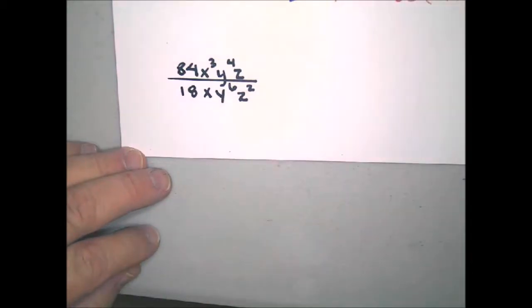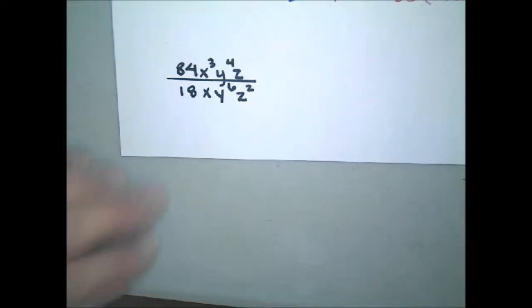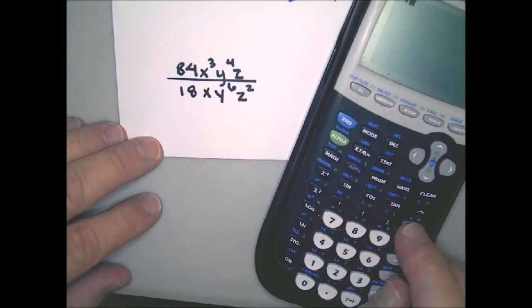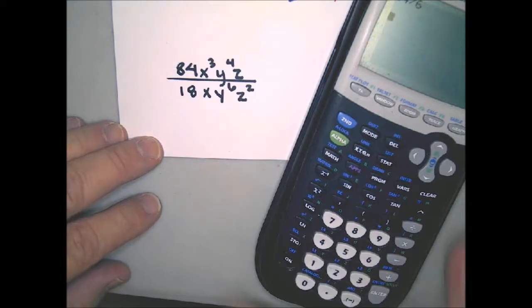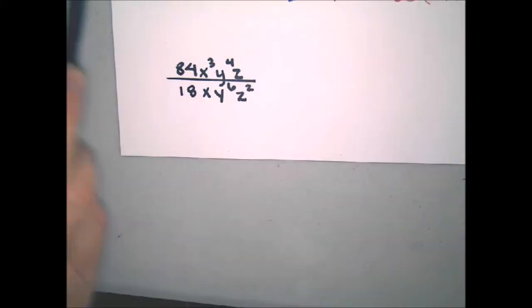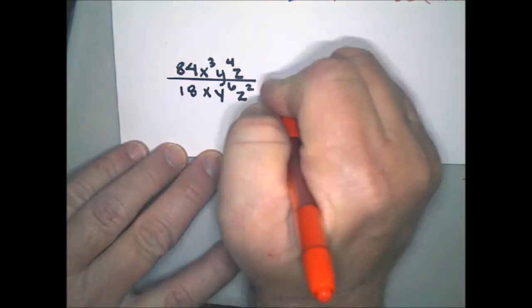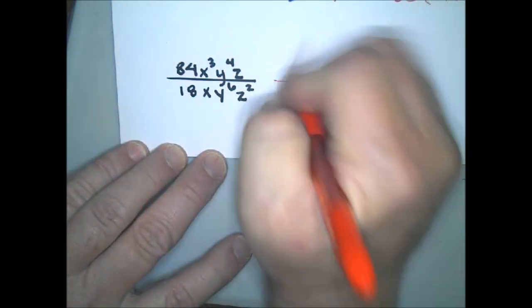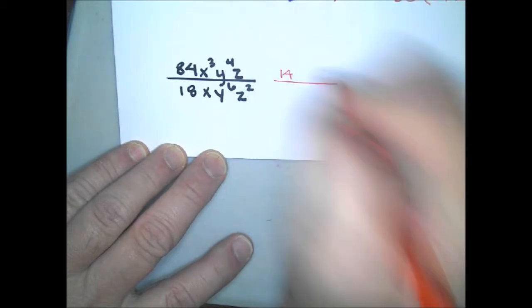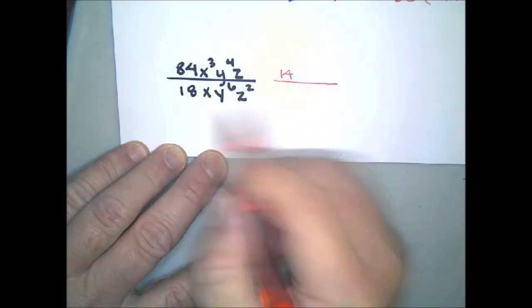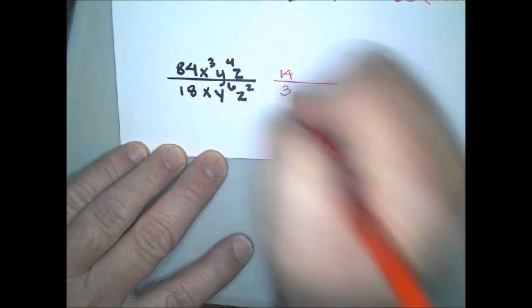So maybe we'll have to take this the long way. Well, let's try 6. Yeah, that'll work. They can both be reduced by a factor of 6. So 84 over 6 is 14, and 18 over 6 would be 3.